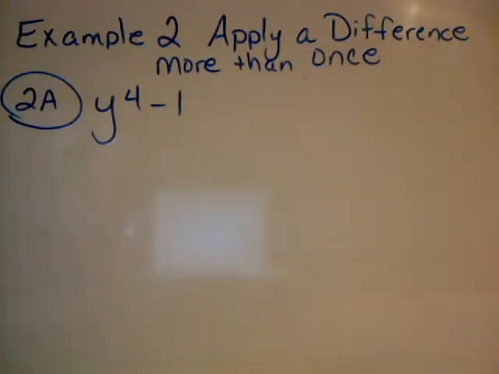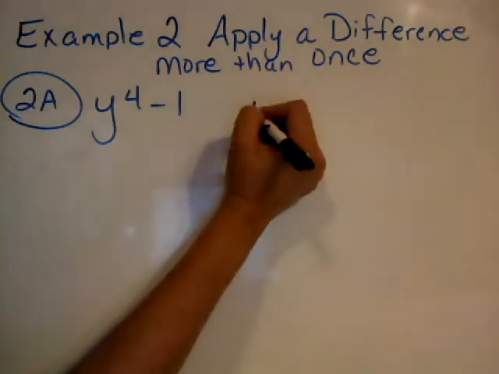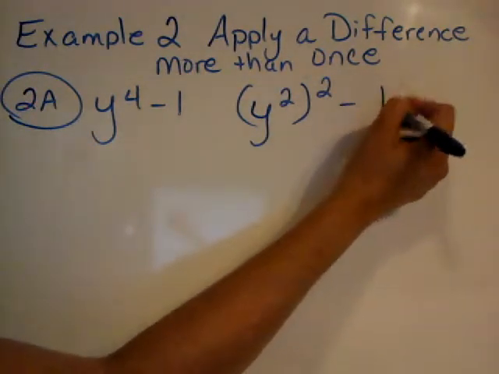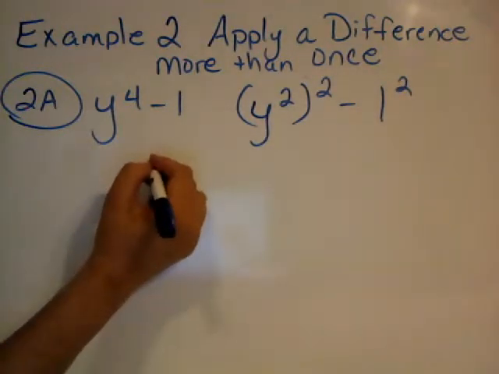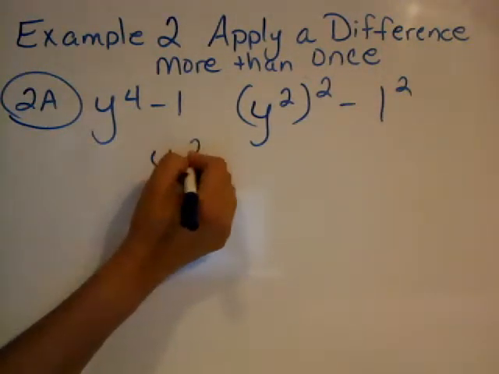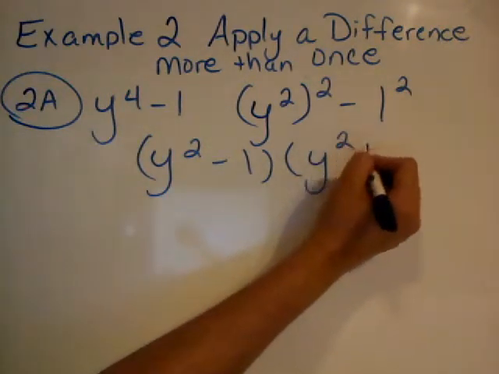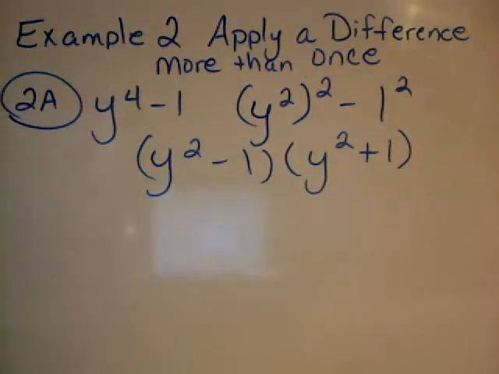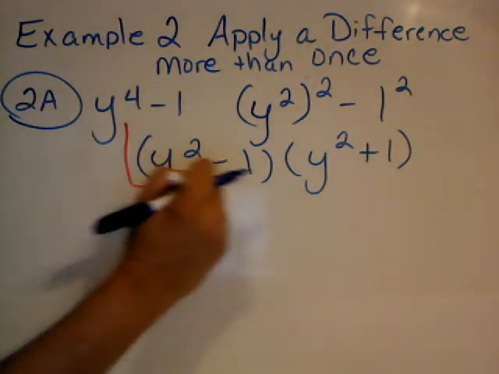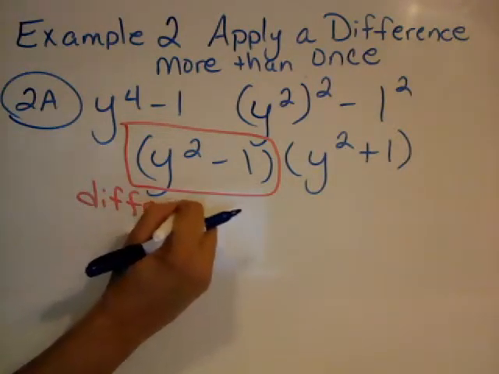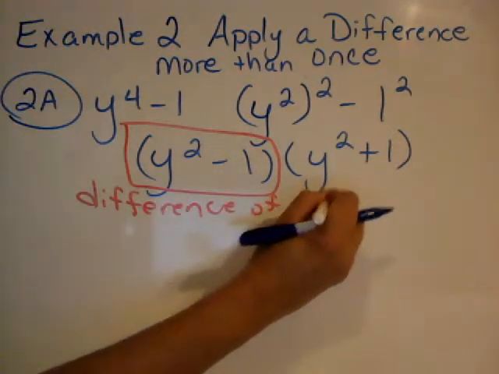Okay, let's try some examples together. We have y to the 4th minus 1. So I have a difference of a square, and I'm going to say y squared squared minus 1 squared. So then I can say y squared minus 1 times y squared plus 1. And then right here, notice I have a difference of a square.